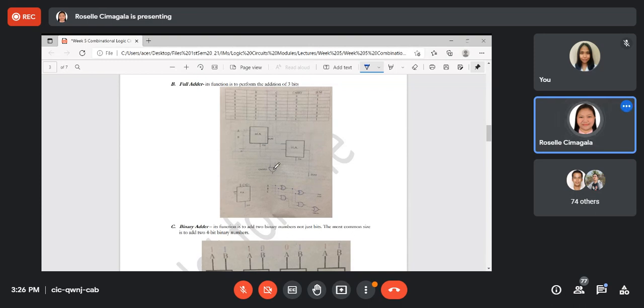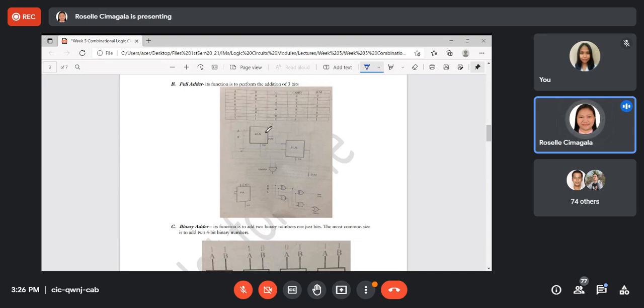So, as we notice here, it involves duha na ka half adder, no? So, una, ang half adder si A ug B, unya gidugangan ni C input. Another half adder. Ang outputs ni A ug B na carry ug sum ang sud sa next nga half adder.